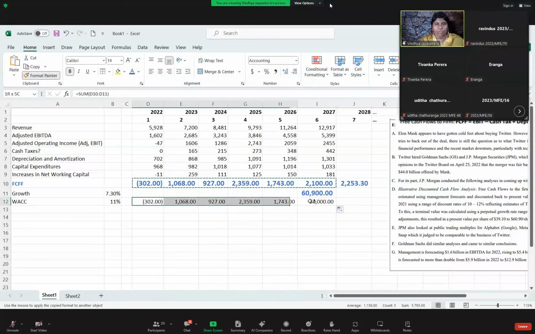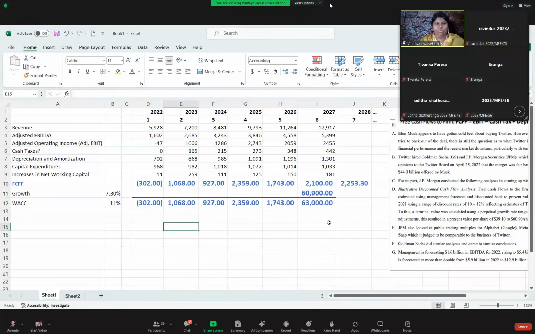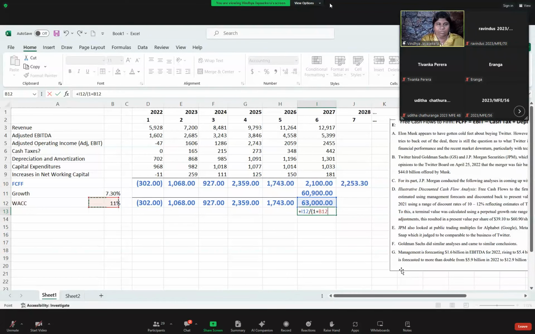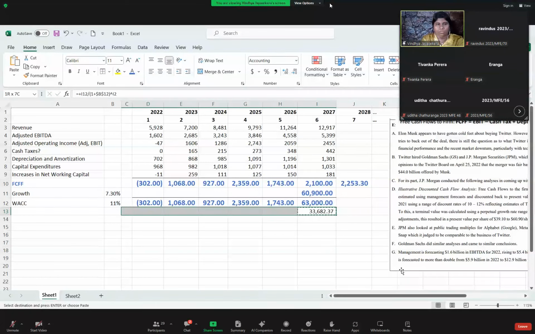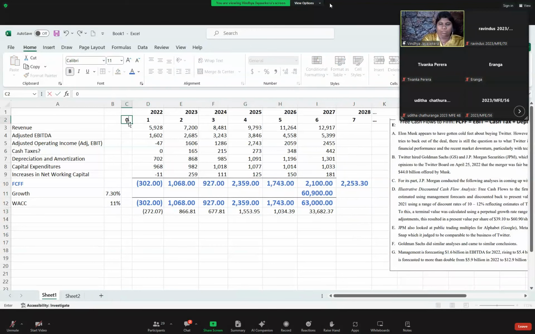From year 1 onwards, these are my cash flows, and I discount each of these cash flows at 11% to today's value. Okay. And I add it up.